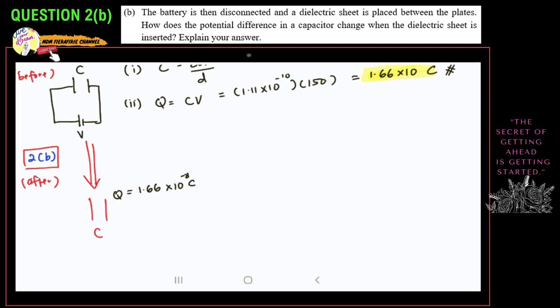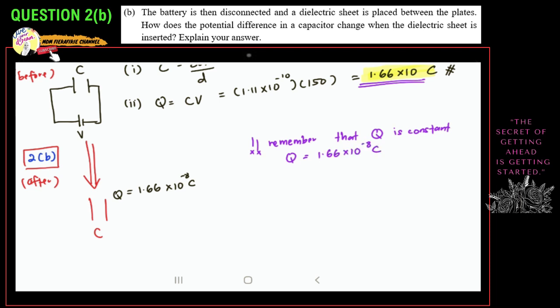When the capacitor is disconnected from the battery, please remember that the charge in the capacitor should be constant. Constant means that when it was with the battery it was fully charged at 1.66, so when disconnected from the battery, in the final condition the charge is still equal to 1.66 exponent -8 coulomb.